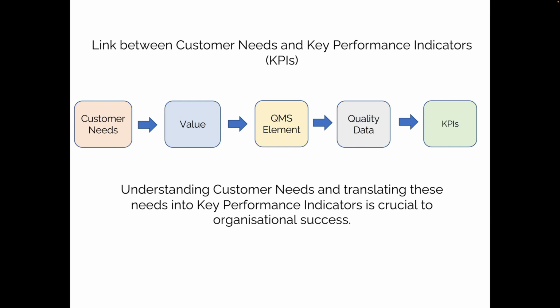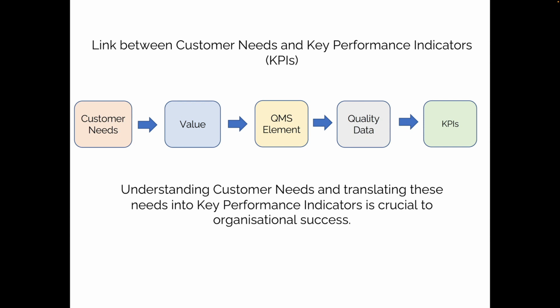Now, there is a clear link via a series of steps from what your customer needs, in terms of what they think is important, to a specific part of the quality system. We call this the quality system element, which generates a form of data, and you can use that data to make a decision, and you can monitor that data to actually derive an appropriate KPI.